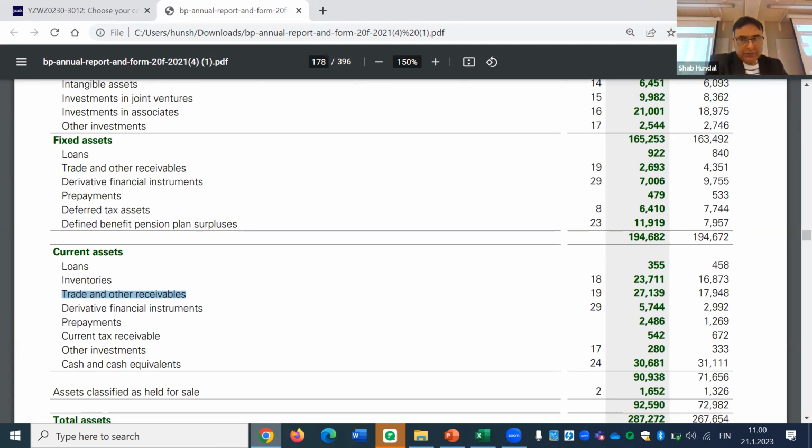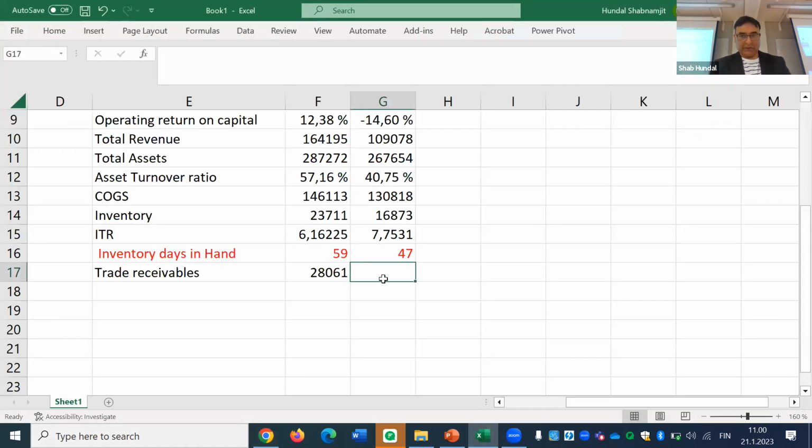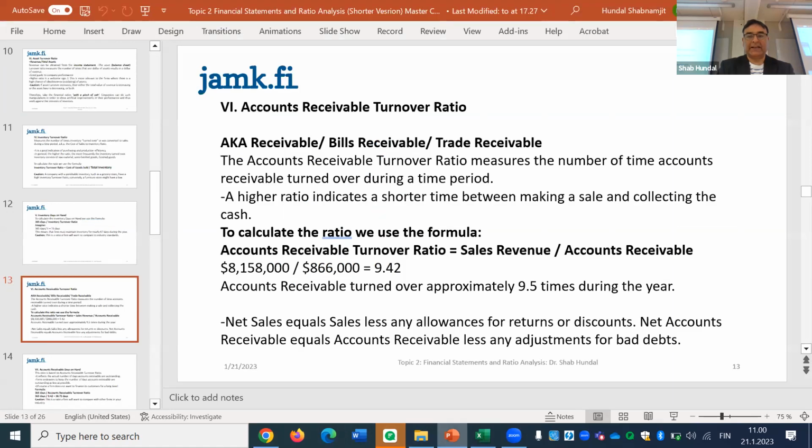And if you go down to 17948, so it's 18788. So we have 18788.